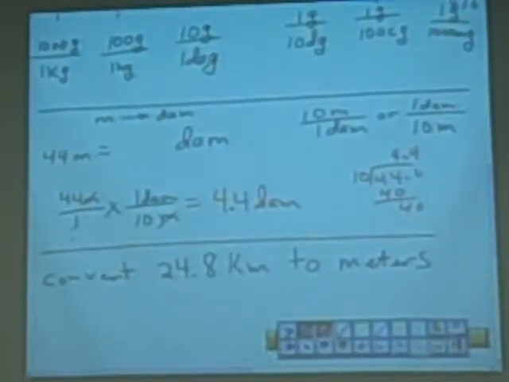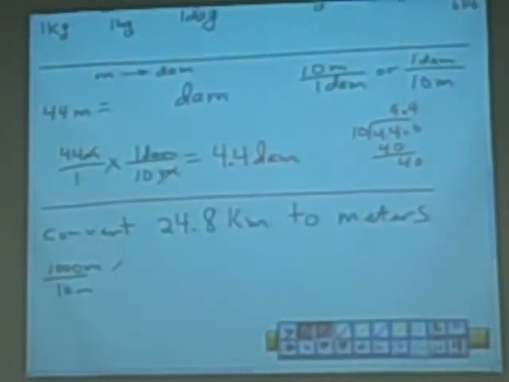So the conversion here is going to be what? 1,000 meters over 1 kilometer, right? Or 1 kilometer over 1,000 meters.